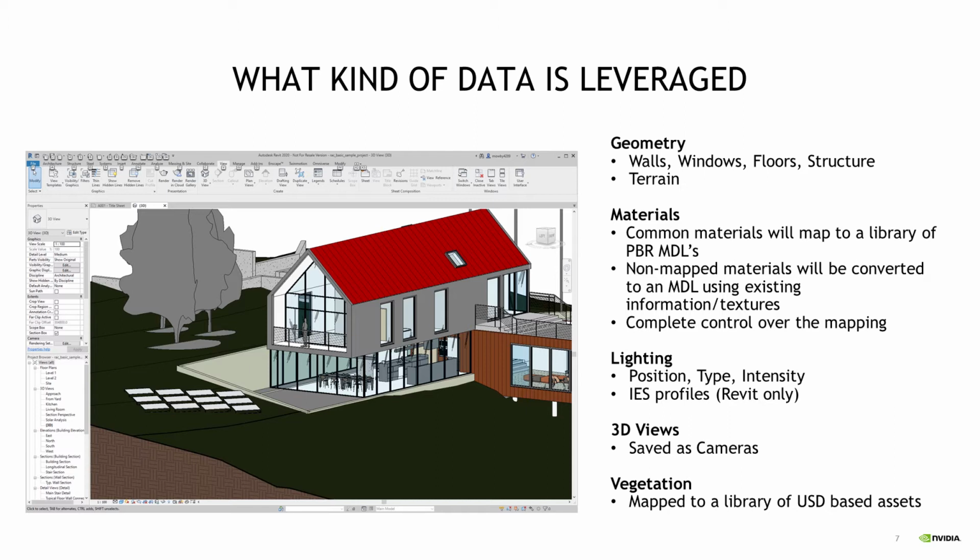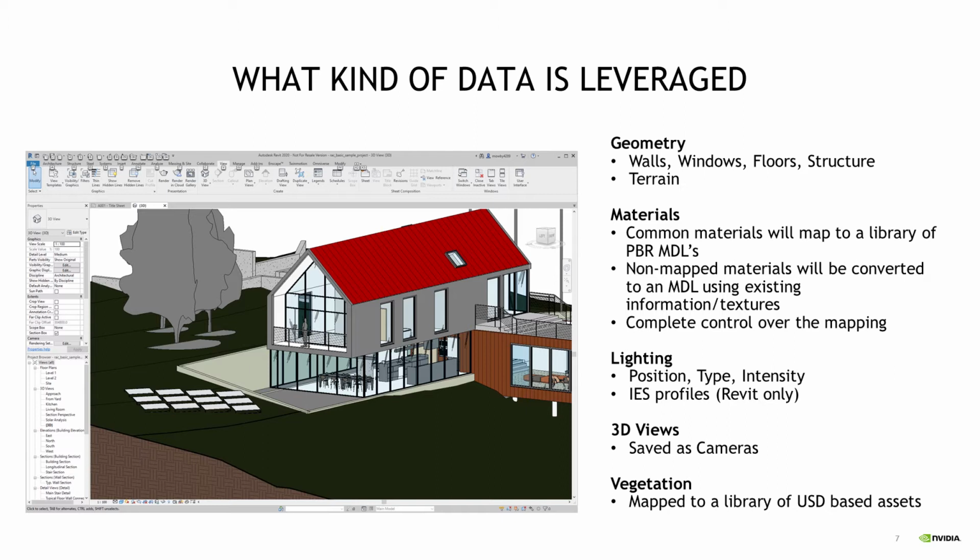Where issues come in is if you have custom materials created, and Robert will get into this, you have to use a CSV tool where you map the material to our MDL, because everything has to be an MDL material in order for it to work in our renderer. If it's a standard Autodesk material, it'll translate automatically as it comes through.